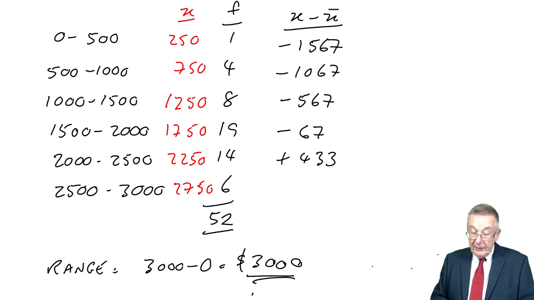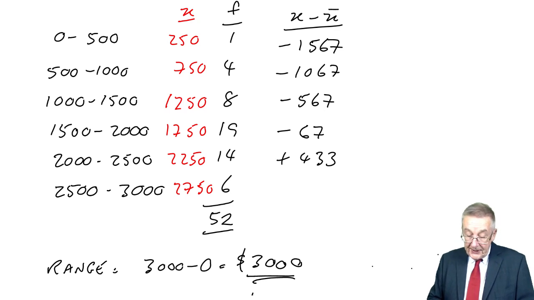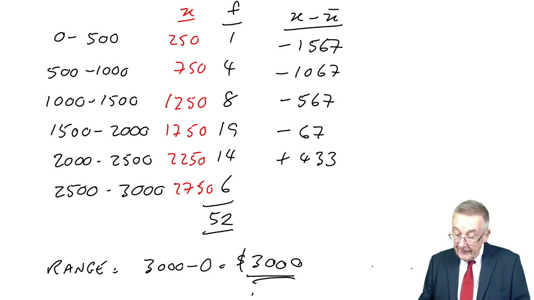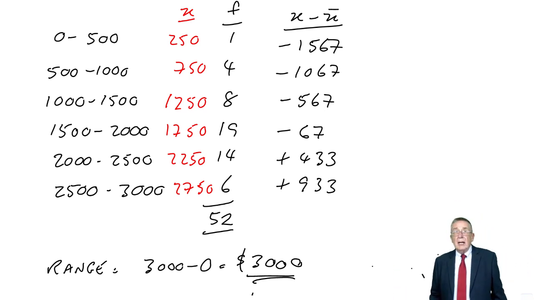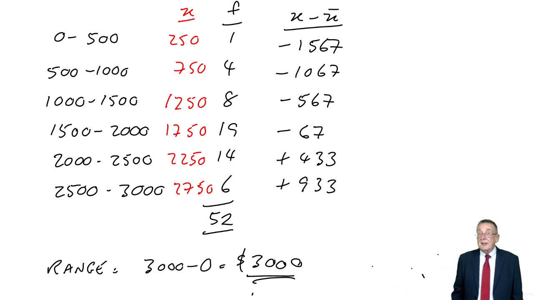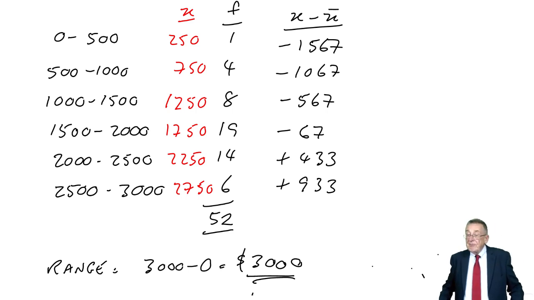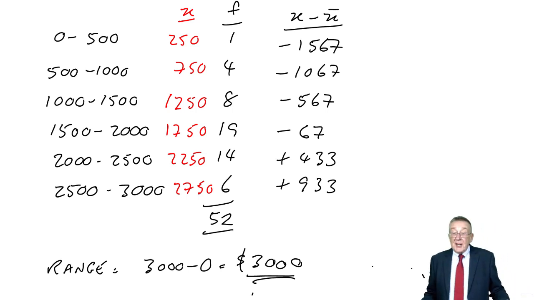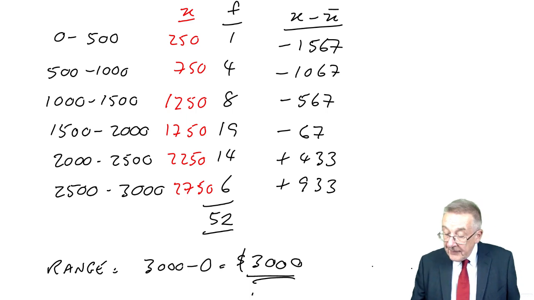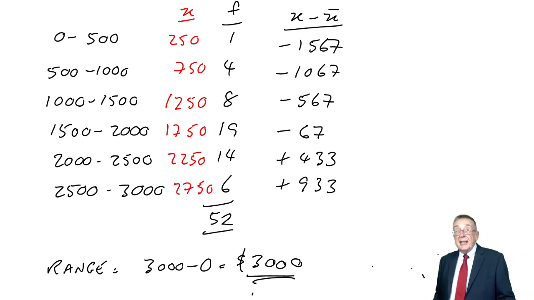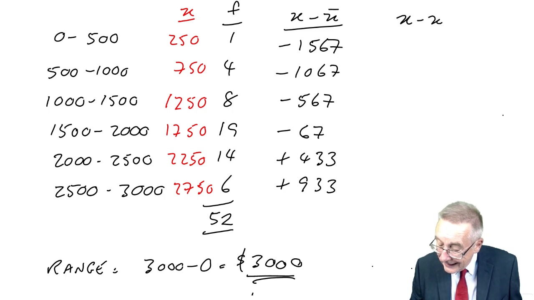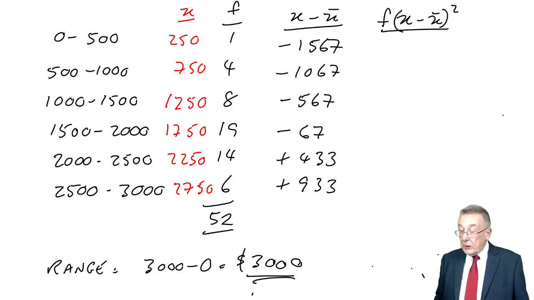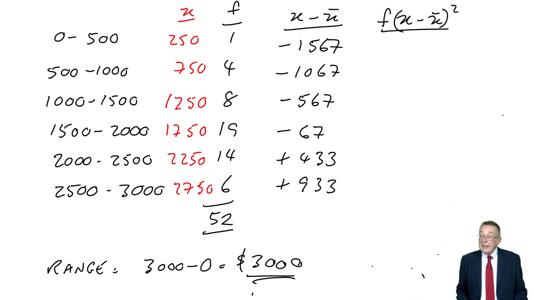And finally 2750 minus 1817 is plus 933. So obviously with bigger numbers it's taking longer, but it's exactly the same approach. We want the average, but for the reasons I explained before, instead of just averaging x minus x bar, the deviations, we square them, multiplied by the frequency, so as to be able to take an average.